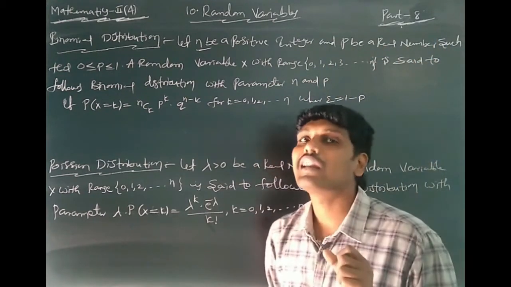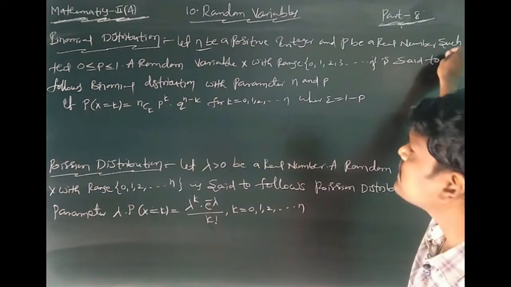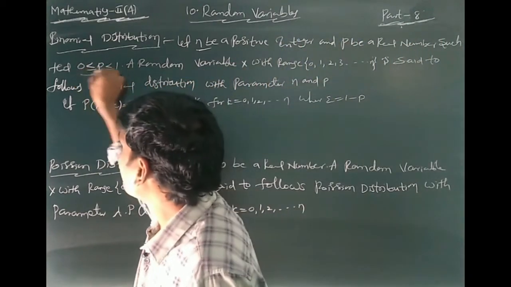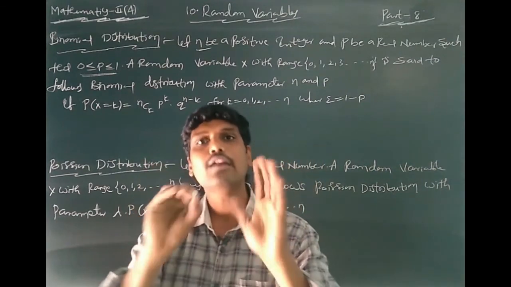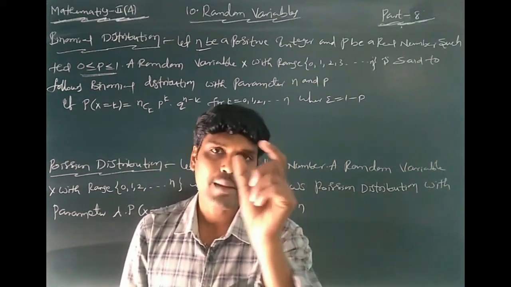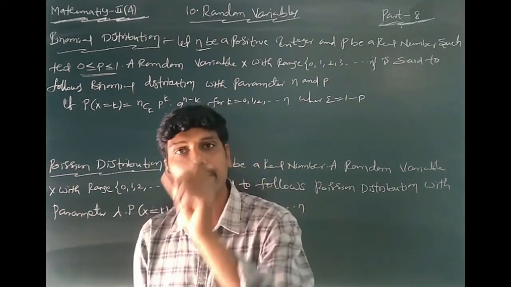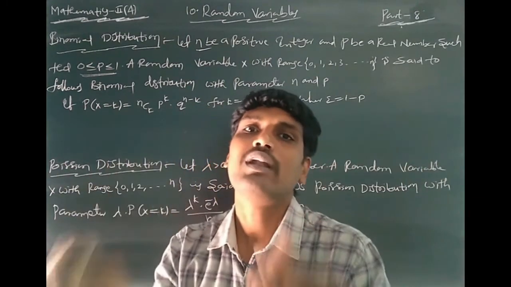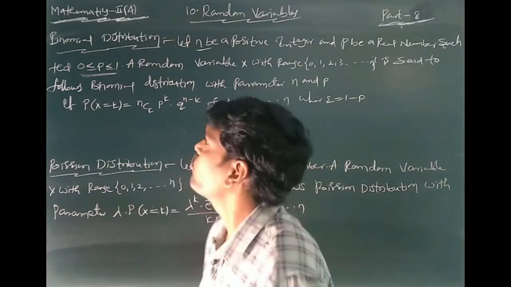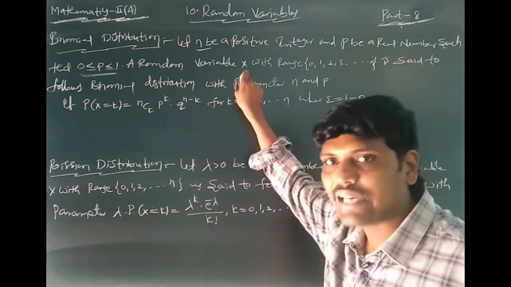p is a real number such that the value of p lies between 0 and 1, including 0 and 1. Here n is a positive integer, p is a real number whose value lies between 0 and 1, including 0 and 1. A random variable X. Here, what is capital X?